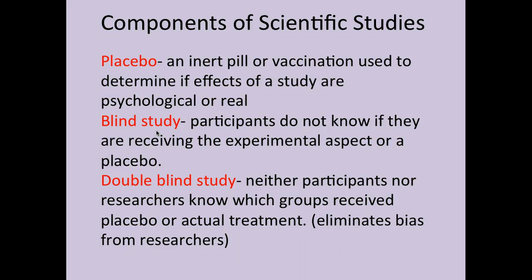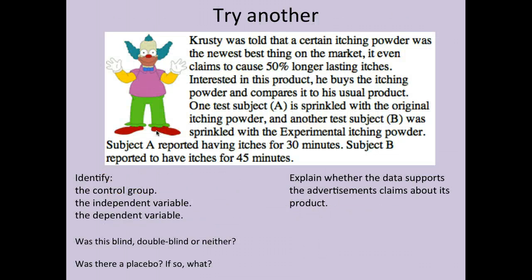This is recorded somewhere, but the experimenters, while they are experimenting, do not know who is receiving which, and this eliminates bias on the part of the researchers. So let's try another example where we're going to look at the blind and double-blind component as well. So pause the video and take a few minutes to read about Krusty and analyze and identify the components of the experiment.